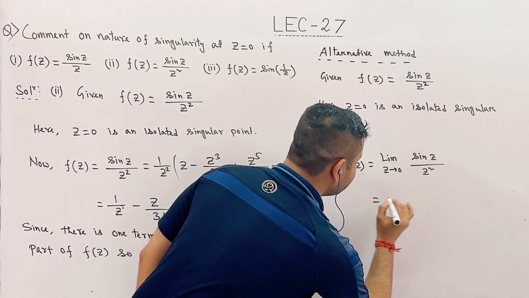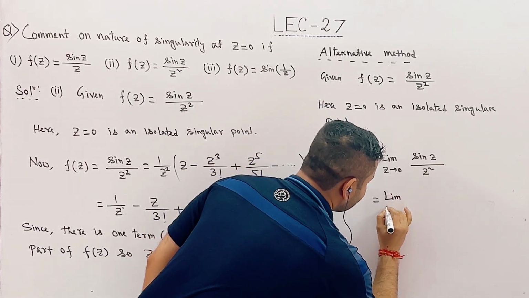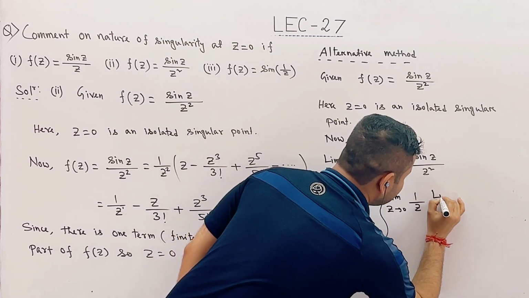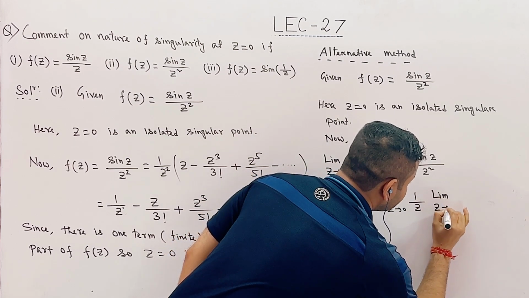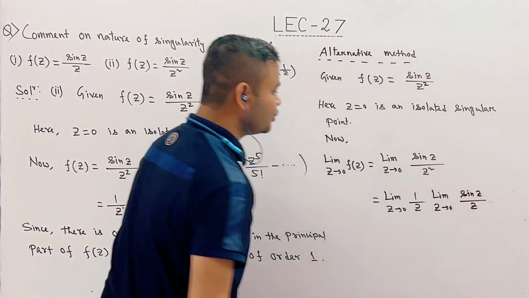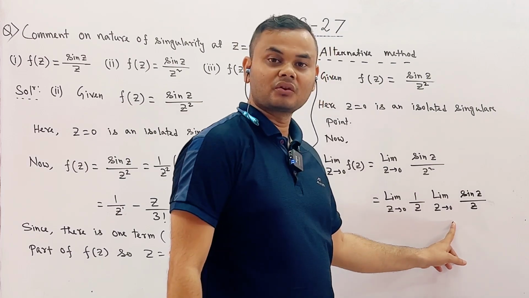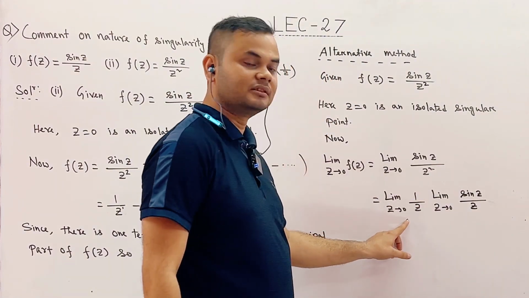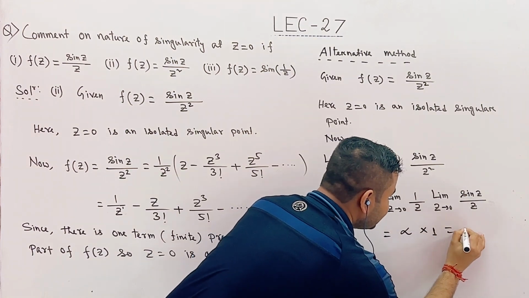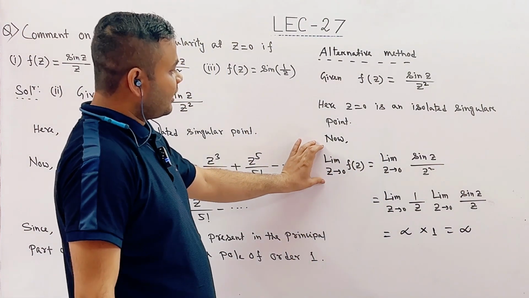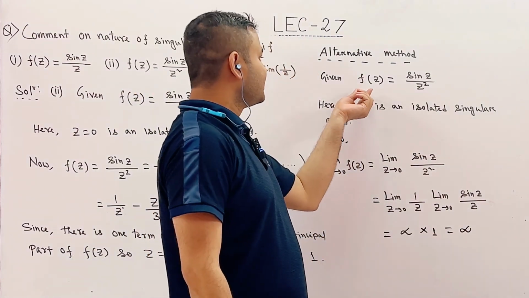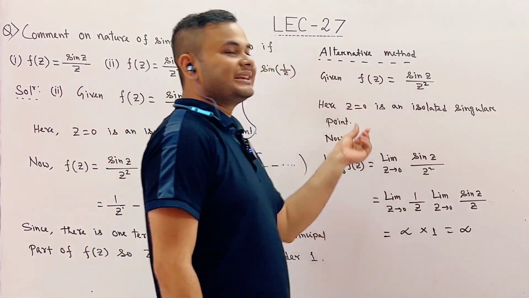So we can write limit z tends to 0 1 by z into limit z tends to 0 sin z divided by z. We know the value of this term is 1 and the value of this term is infinity. So infinity into 1. So finally we have seen that the limiting value of f of z is infinite. So therefore z equal to 0 is a pole.